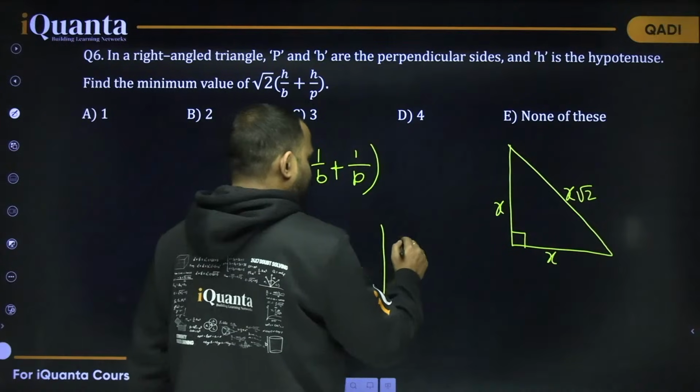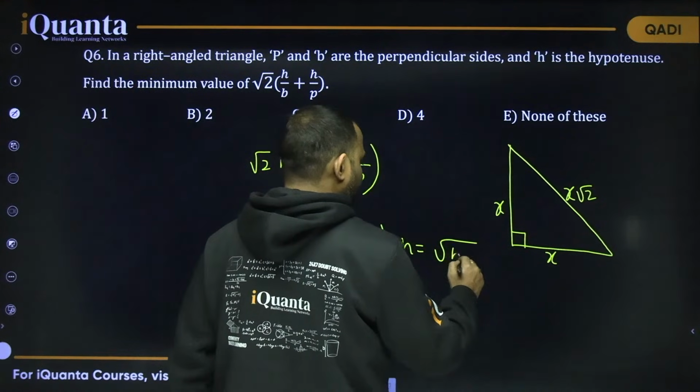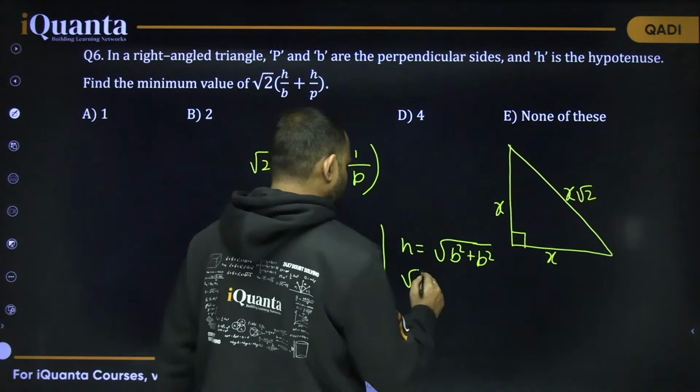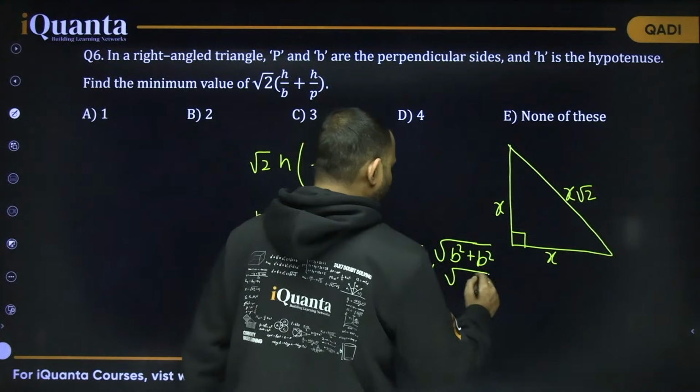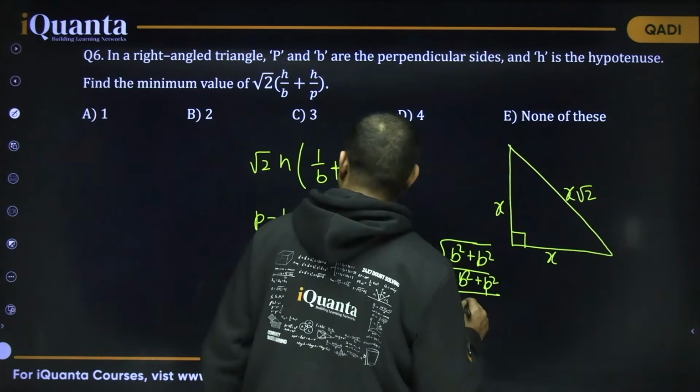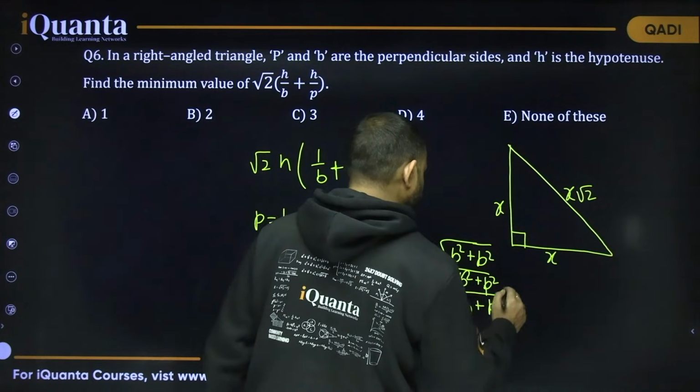See, I can write H is equal to square root of B square plus P square, and then this expression will become square root of B square plus P square divided by B plus P, है ना?